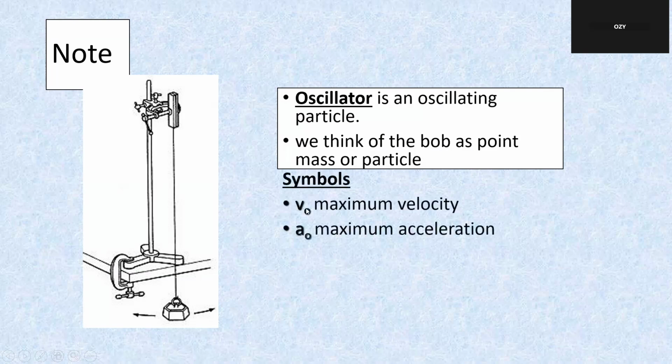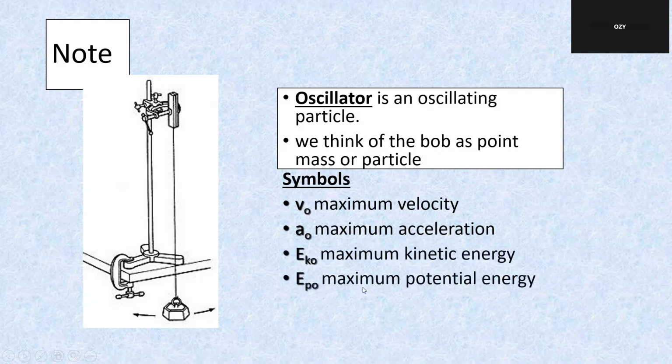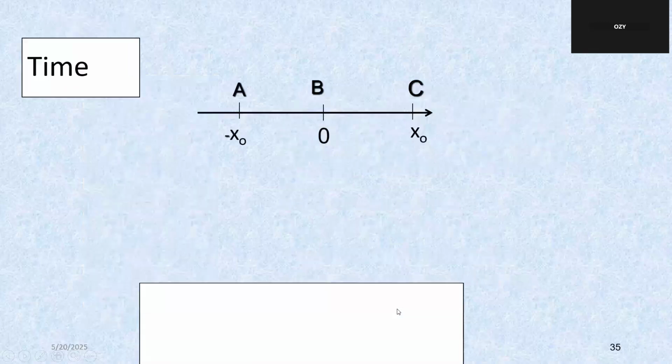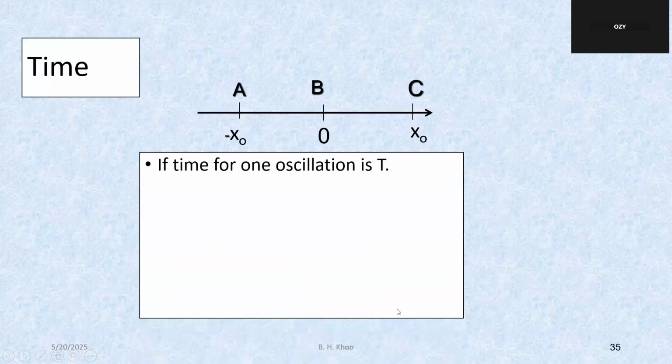So the symbol V naught is maximum velocity, A naught is maximum acceleration, EK naught is maximum kinetic energy, EP naught is maximum potential energy, T is the period. Right?